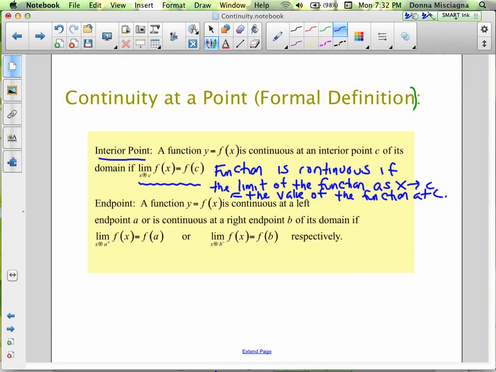All right, so why does it say C of its domain? When we're looking at continuity at a point, we only consider values that are in the domain of the function.